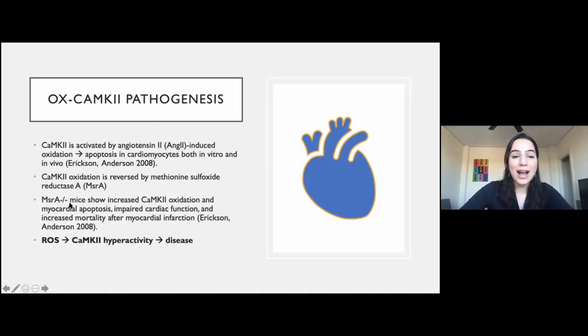So they knocked out this methionine sulfoxide reductase and showed that there was increased oxidation of CaMKII because this rescuing reversal could not occur, which led to myocardial apoptosis, impaired cardiac function, and increased mortality after myocardial infarction. So basically, this is all just very overwhelming evidence that oxidation and reactive oxygen species leads to pathogenesis that is directly correlated to calmodulin kinase.